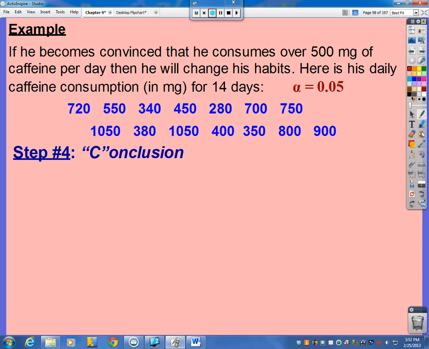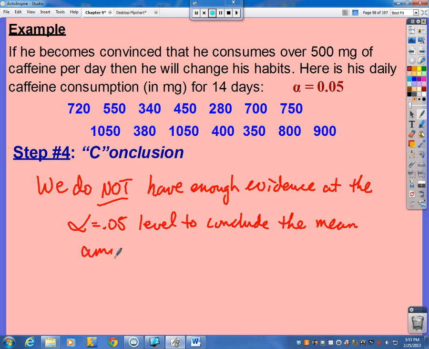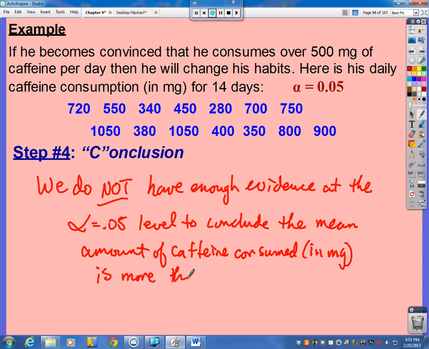So our conclusion, we would write, we do not have enough evidence at the alpha equals 0.05 level to conclude the mean amount of caffeine consumed, I'll say in milligrams, is more than 500.